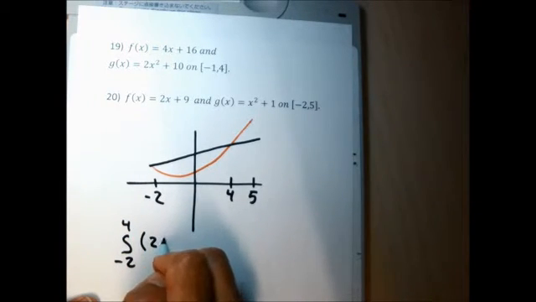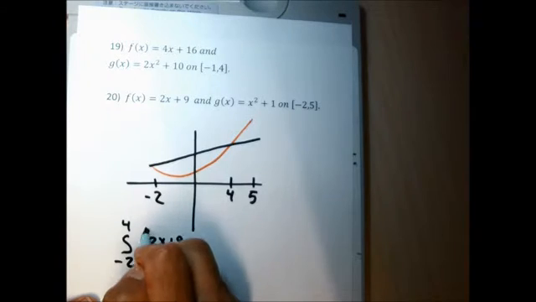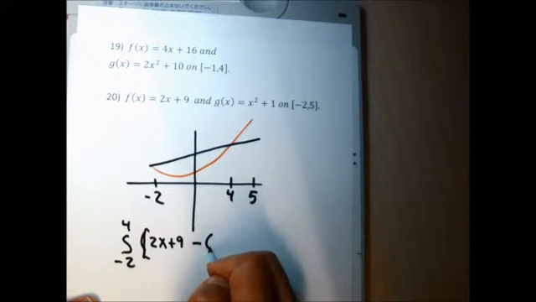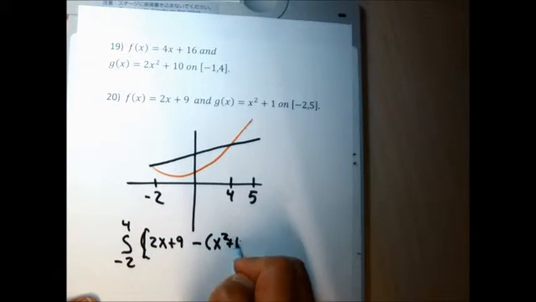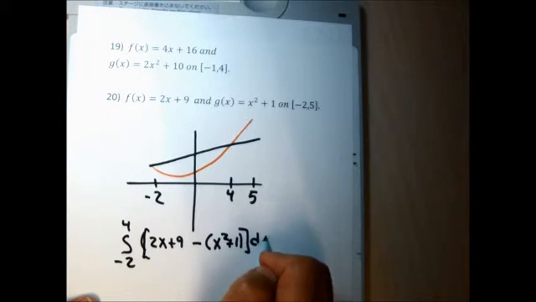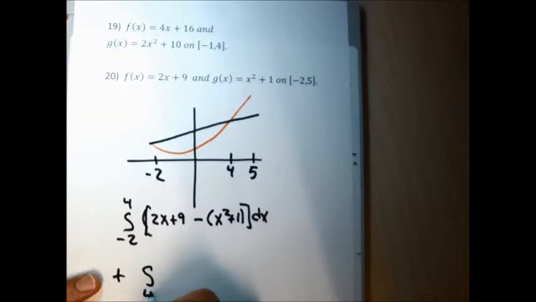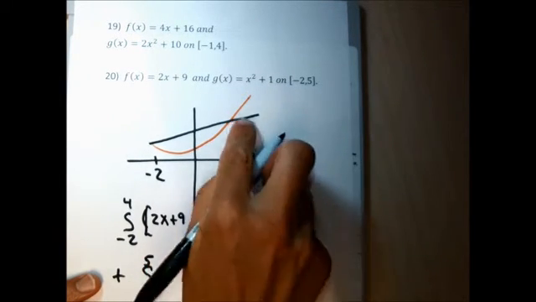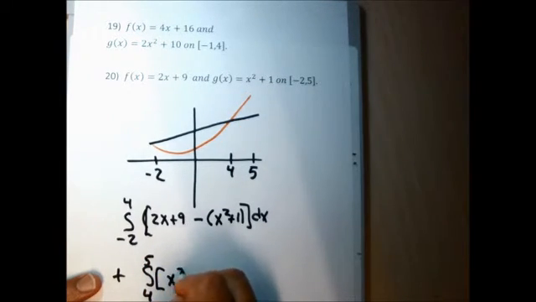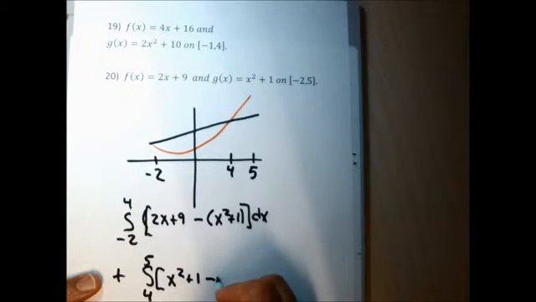Top function is 2x plus 9. Bottom function is x squared plus 1. And then I'm going to integrate from 4 to 5. Top function is now x squared plus 1. Bottom function now is 2x plus 9.